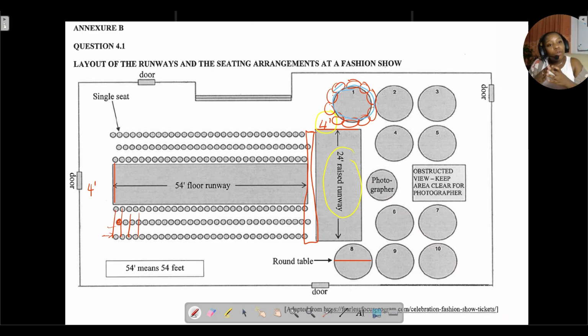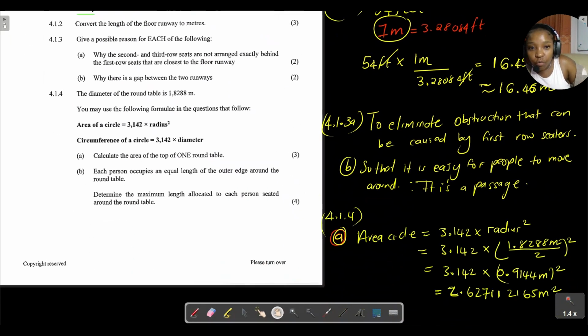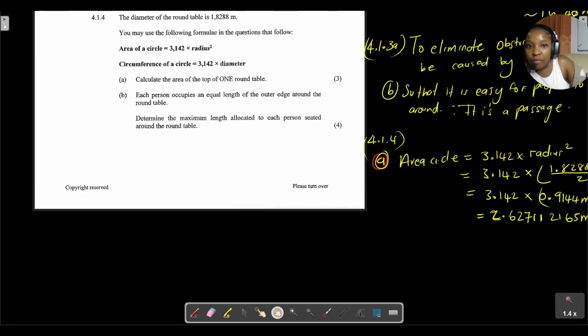The circumference is going to tell us the length around this table. Once we have that, we can just divide it by 10 to determine the maximum length that one person can take. So let's first start off by calculating the circumference of this round table.